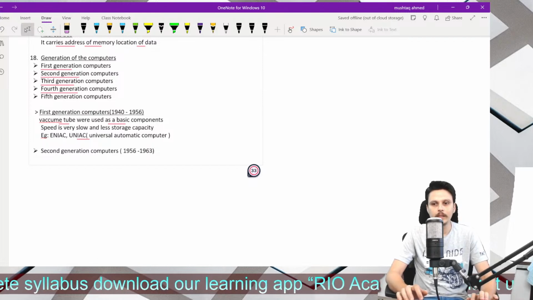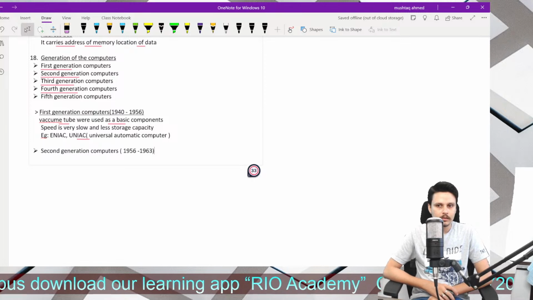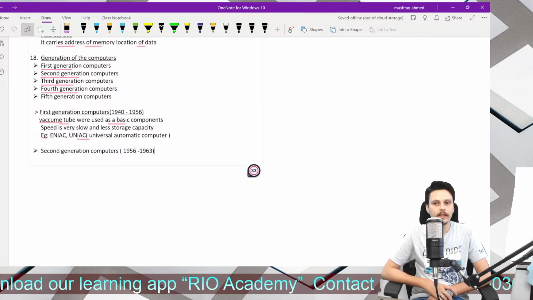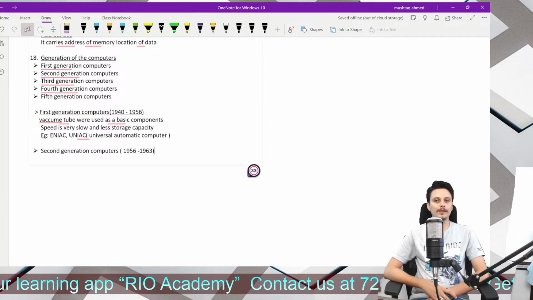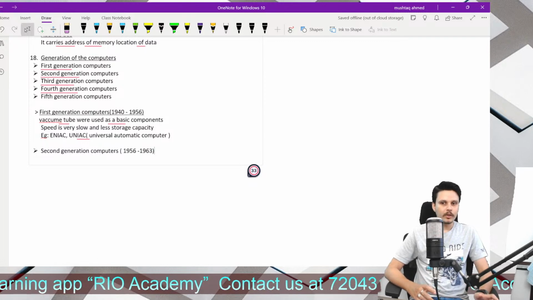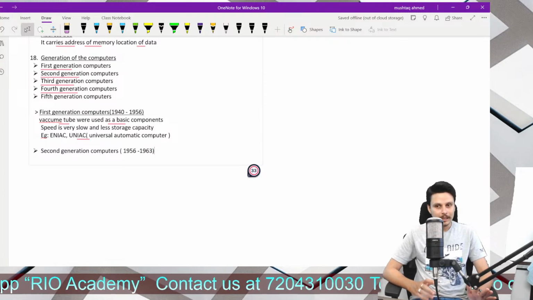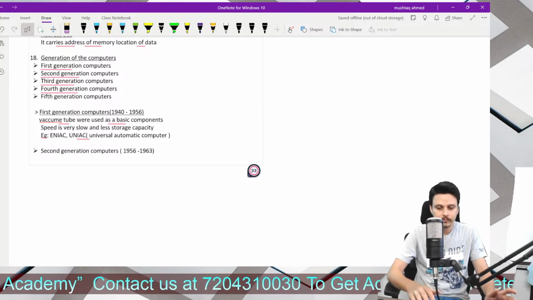So what is used in second generation computers? Transistors. Transistors were used in second generation computers in place of vacuum tubes. So in first generation computers, vacuum tubes were used. In place of vacuum tubes, they started using transistors.